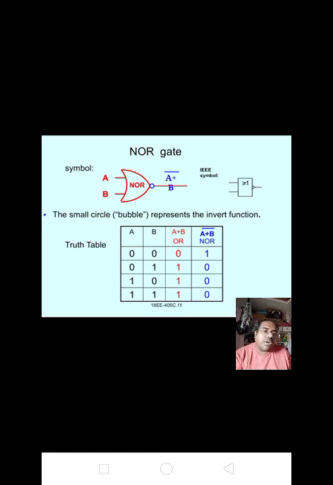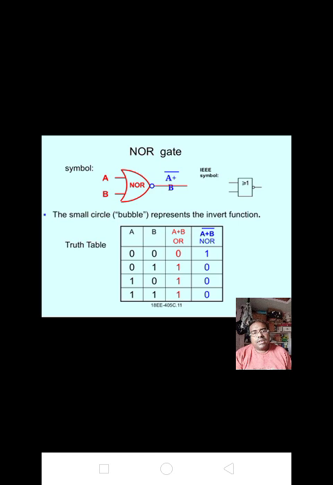For OR gate, that is A plus B, we get the output 0 plus 0 equal to 0, 0 plus 1, 1, 1 plus 0, 1, 1 plus 1, 1. For NOR output, that is A plus B whole bar, we get the output for 0 it is 1, then 0, 0, 0.